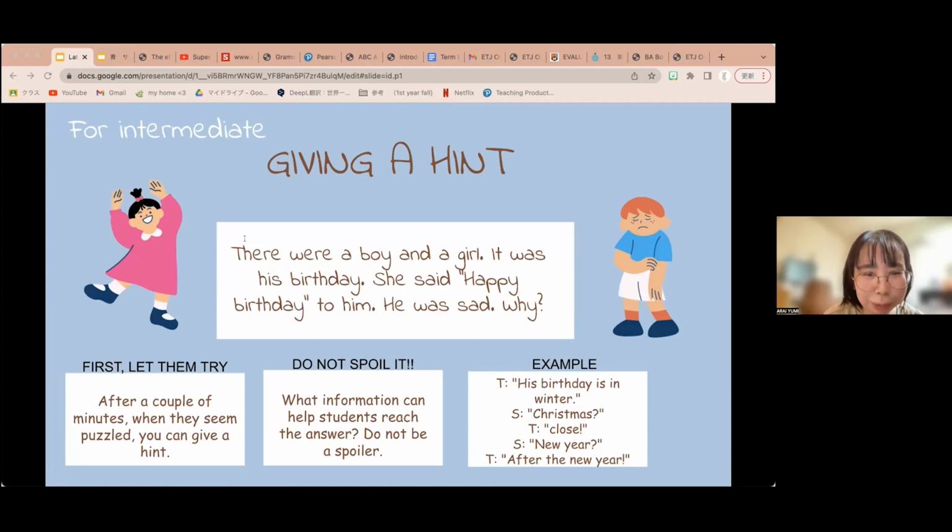Yes, his birthday is on the same day as Valentine's Day. As you may know, in Japanese culture, Valentine's Day is a day that girls make or buy chocolate and give it to someone they love, but he did not get it from her. So he was sad. Yes, so this is one way of giving a hint.